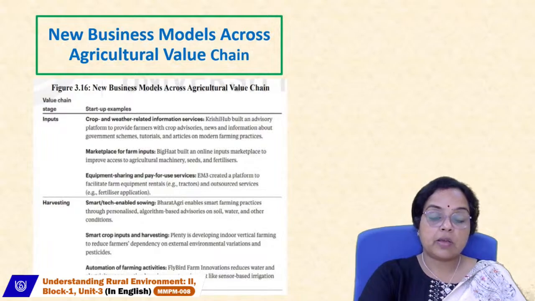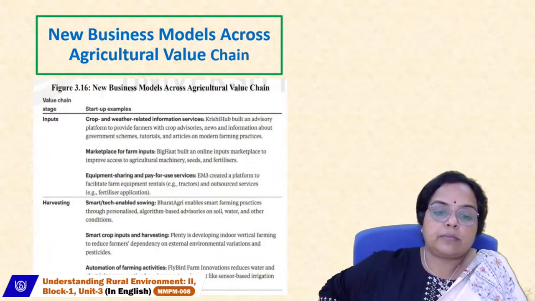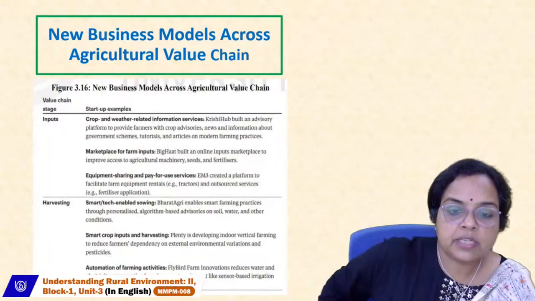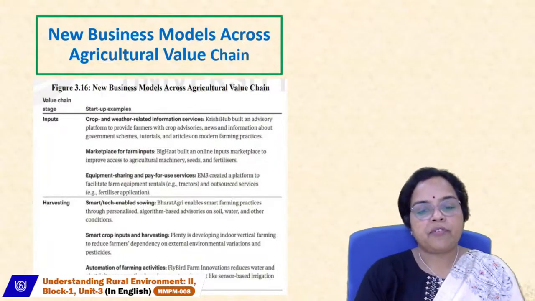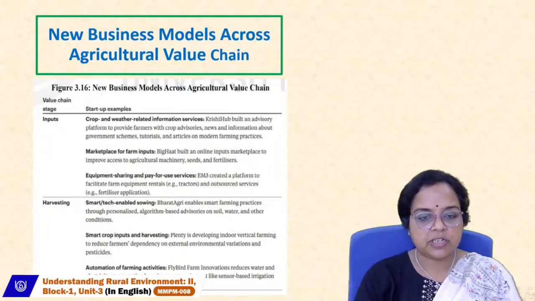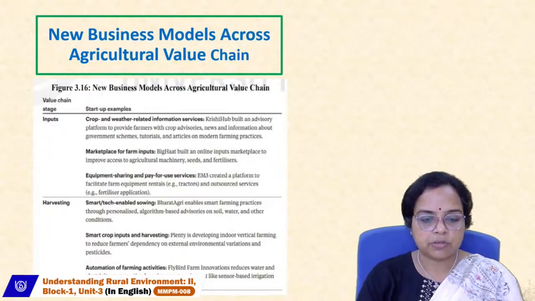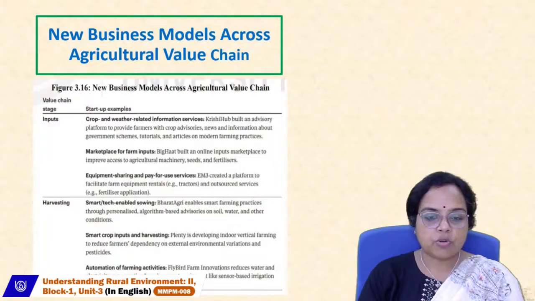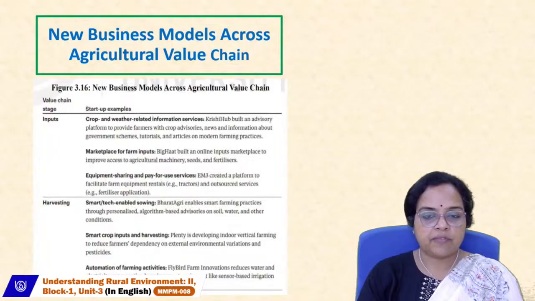Harvesting, smart tech enabling sowing: Bharat Agri Enablers. These are all startup companies. They enable smart farming practices through personalized, algorithm-based or machine learning tools, with advisory on soil, water and other conditions. So the farmers are now getting information at a finger click.